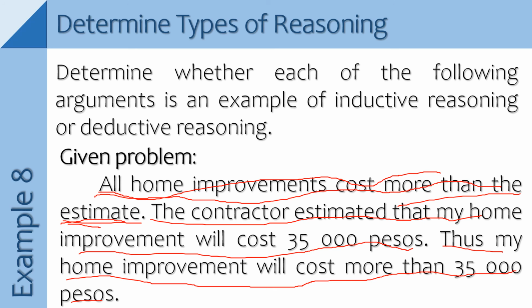Since there is a hypothesis, this is an example of deductive reasoning. In this case, because the conclusion is specific to general assumptions, this argument is an example of deductive reasoning. From specific, which is 35,000 pesos, naging general, nasabi niya rito, more than 35,000 pesos. Therefore, it is deductive reasoning.